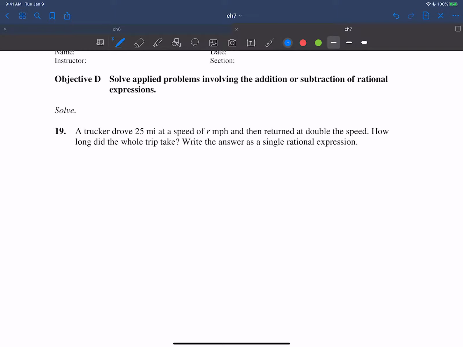For a motion problem, you need to remember this formula, which says that the distance is equal to the rate times time. For any motion problem, it is always a good idea to construct a table. D equals r times t, and then we have two trips, right? You have going, and then you have returning. So let's label them.